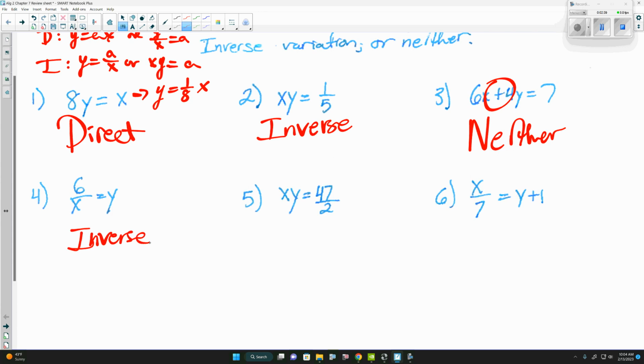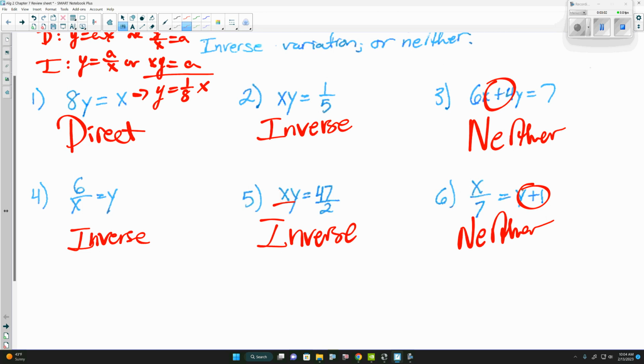Number 5 would be inverse again, because it matches up to our x times y. X times y is equal to a. X times y is equal to 47 halves. So it matches up with our inverse. And lastly, we would have neither, because of the addition.